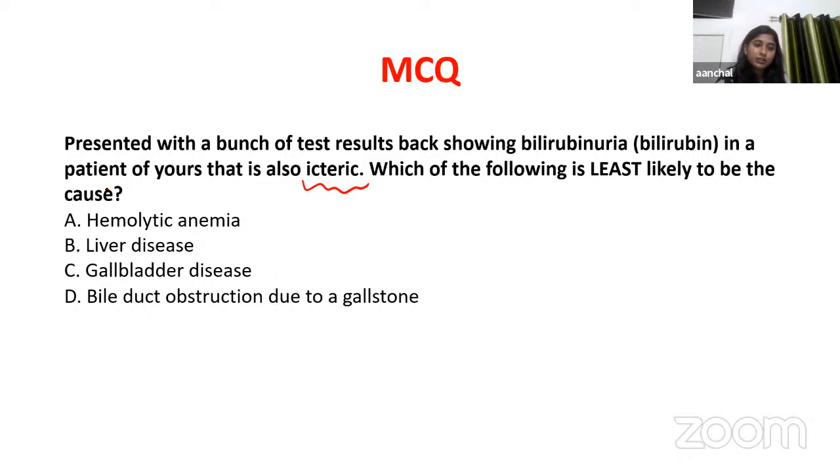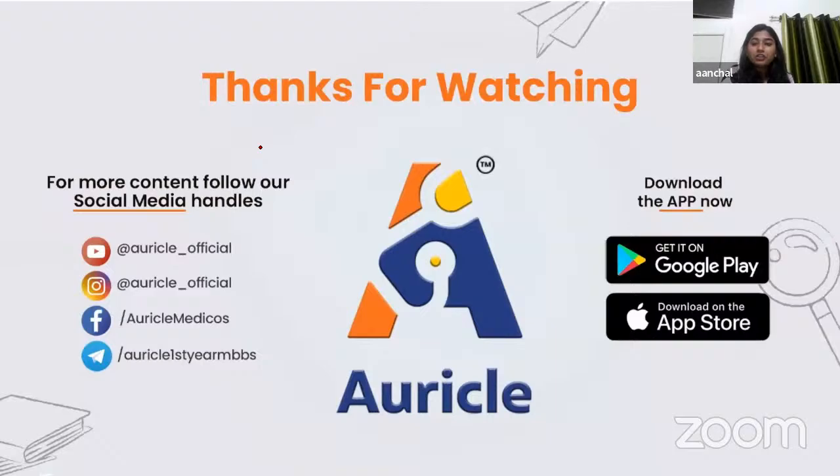Yes, the answer is hemolytic anemia. All are causes of jaundice, and hemolytic anemia is also a cause, but since they are asking for the least likely, it will be hemolytic anemia.